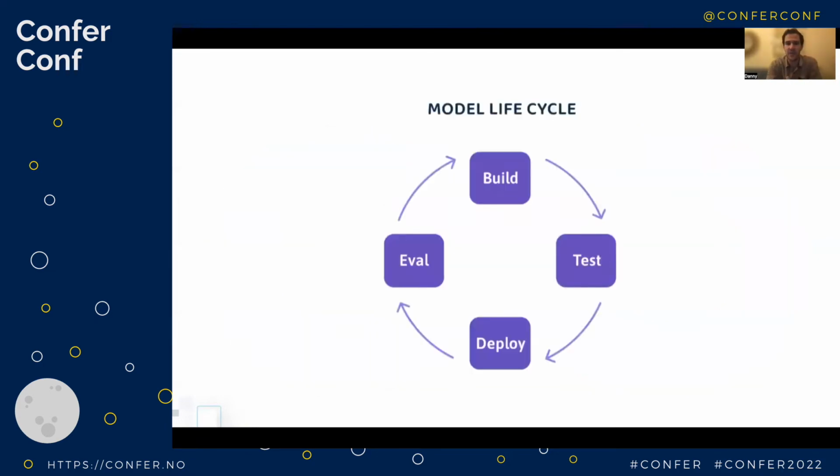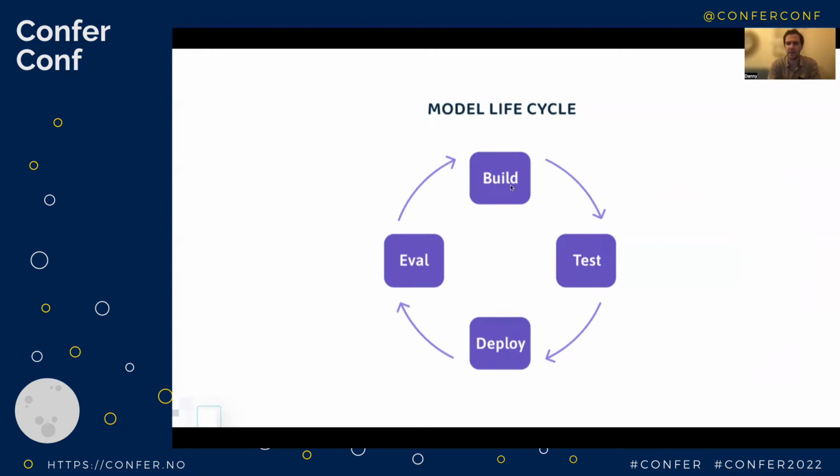Now, the same is also true, and maybe even more so, for machine learning models. The reason for that is machine learning models are fundamentally, maybe not non-deterministic, but more dynamic, because they operate on data and because they attempt to model the real world rather than having a fixed set of inputs like a classic software application would. But the model lifecycle is very similar to the CI/CD lifecycle, right?